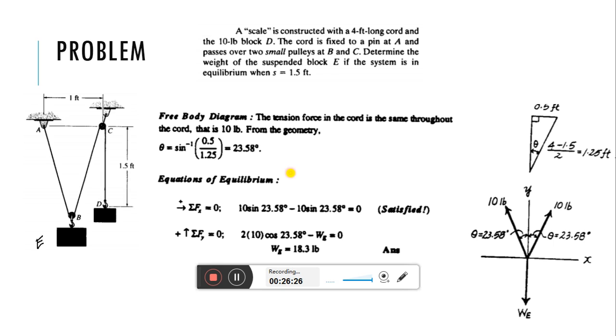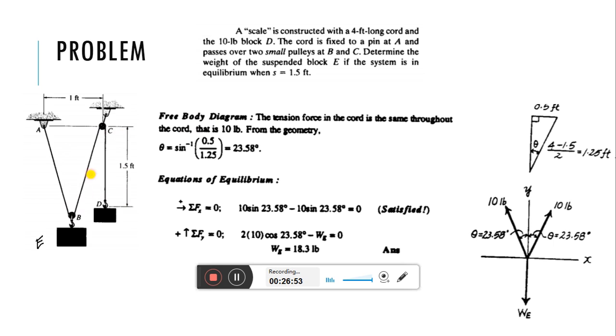So first we need to find out the angle right here. Okay. So from A to C, what is the length? Total length is 4, and already CD is 1.5. So this is 3.5.